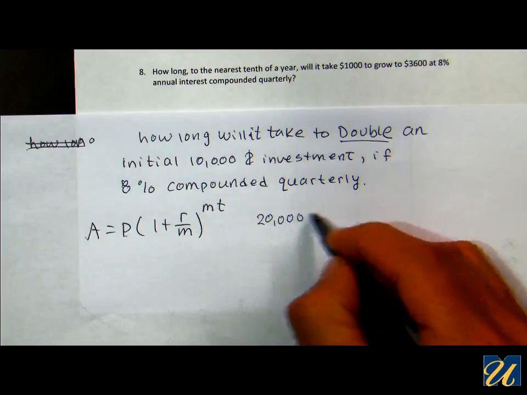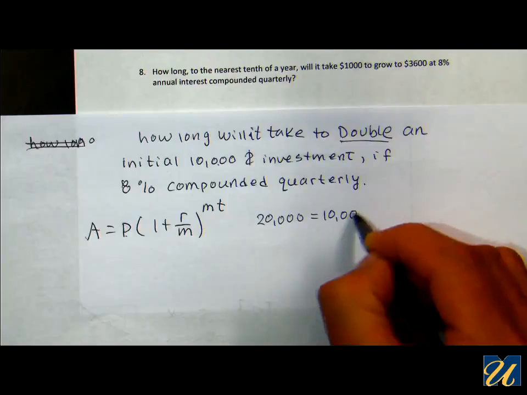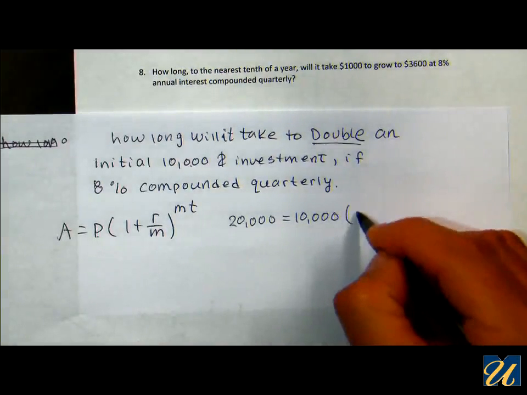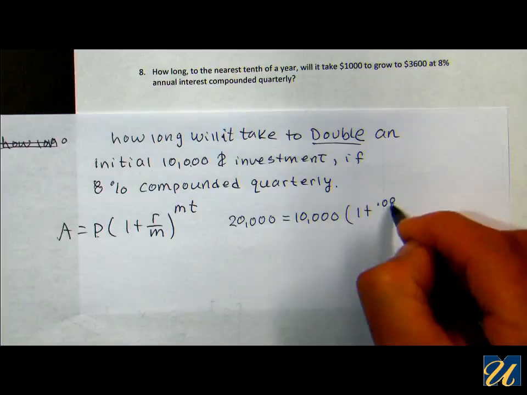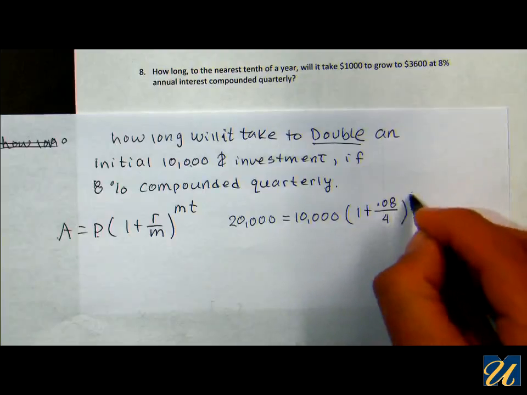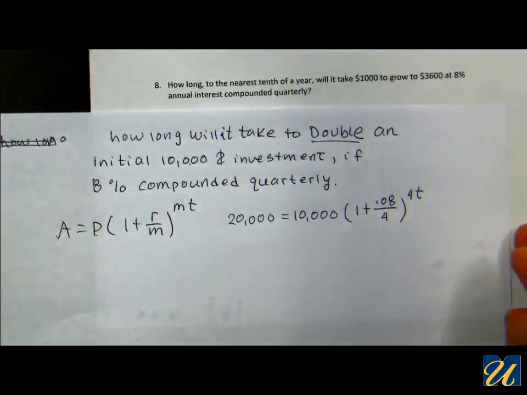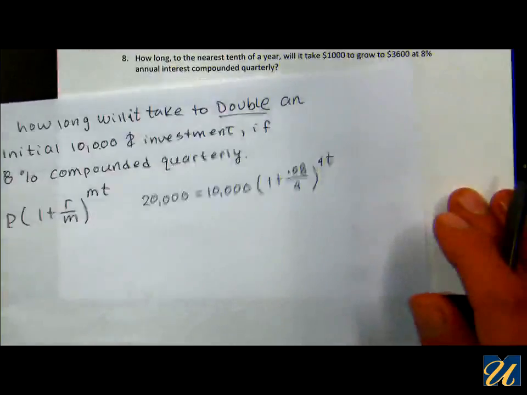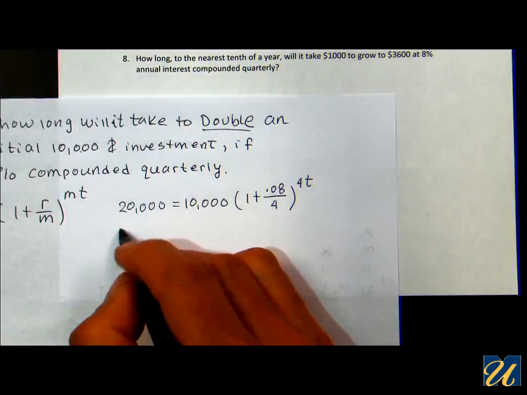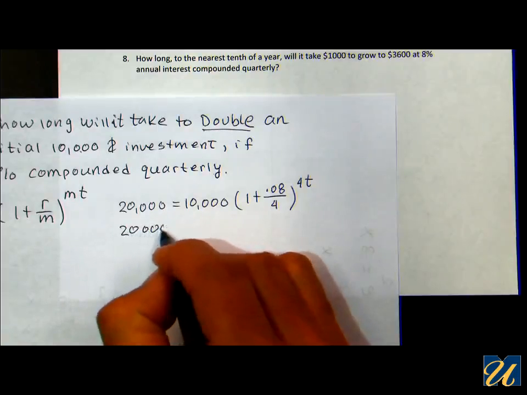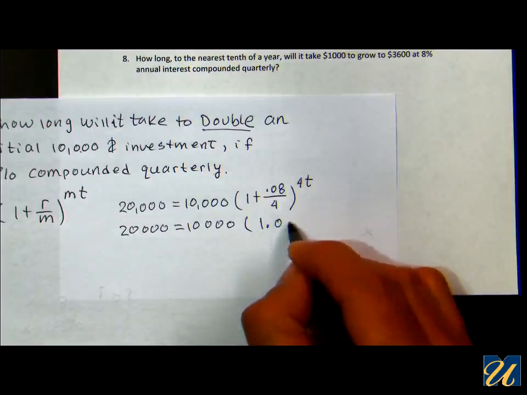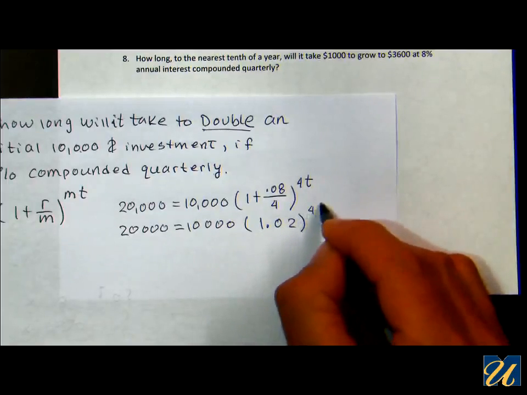So there's the future value, and here is the, we call that the present value, the initial investment, times 1 plus 0.08, R is always as decimal, compounded quarterly, so that's divided by 4, raised to the 4 times T. Okay. So 0.08 divided by 4 plus 1, that's fairly easy to do. So this is 20,000 equal to 10,000 times 1.02, and the power is 4t.